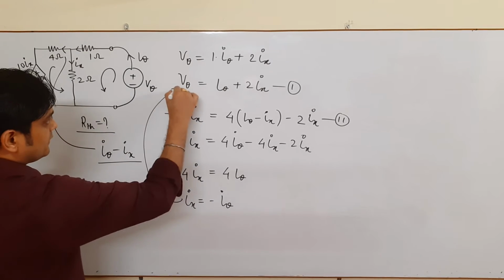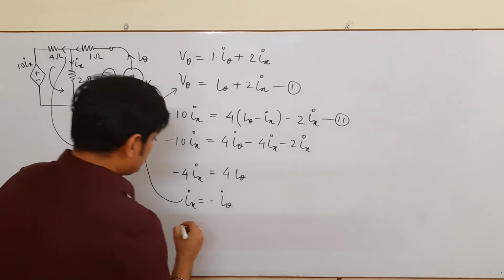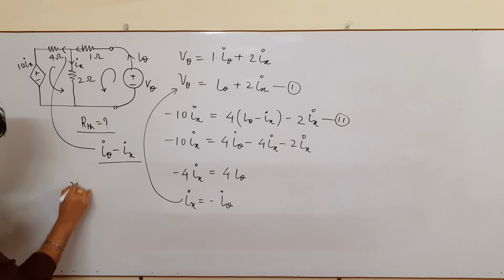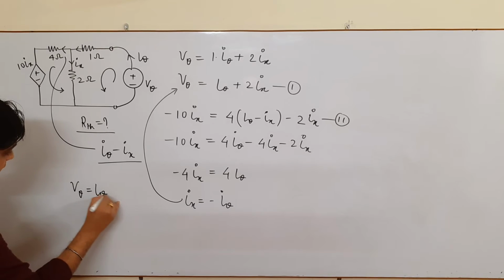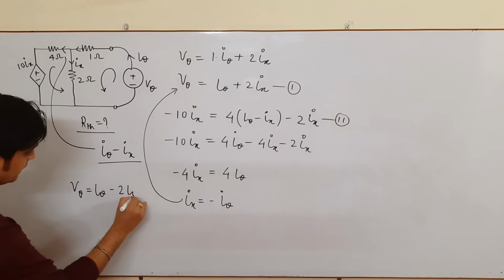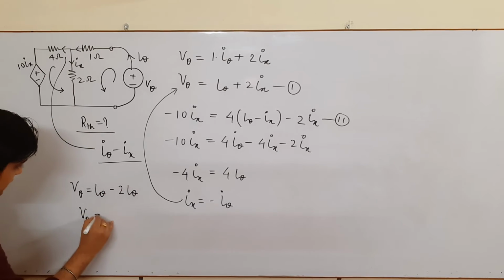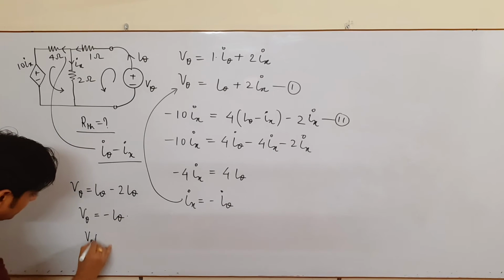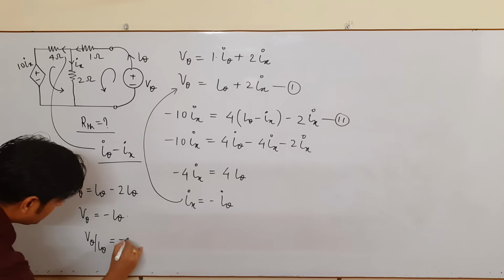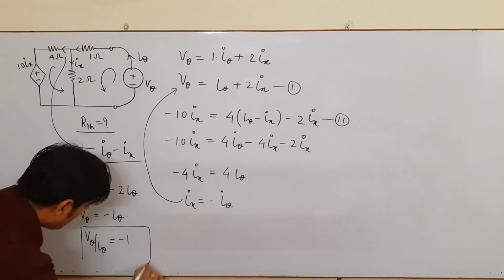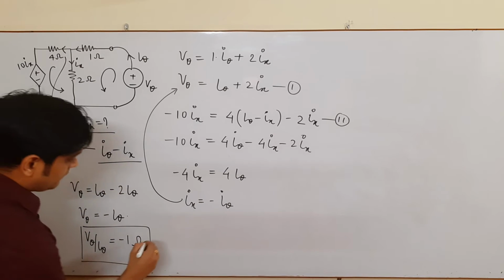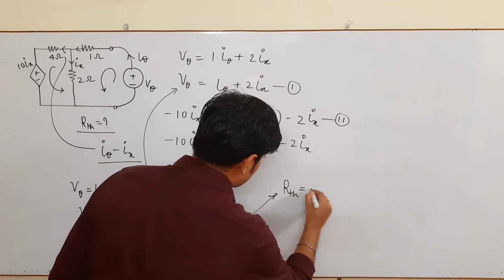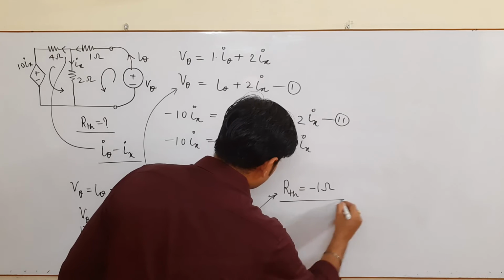So I just put this value here, so it comes to be V theta is equal to I theta minus 2 I theta. You can say V theta is equal to minus I theta, or you can say V theta by I theta is equal to minus 1 ohm. So from here the value of RTH comes to be minus 1 ohm. Very important thing.